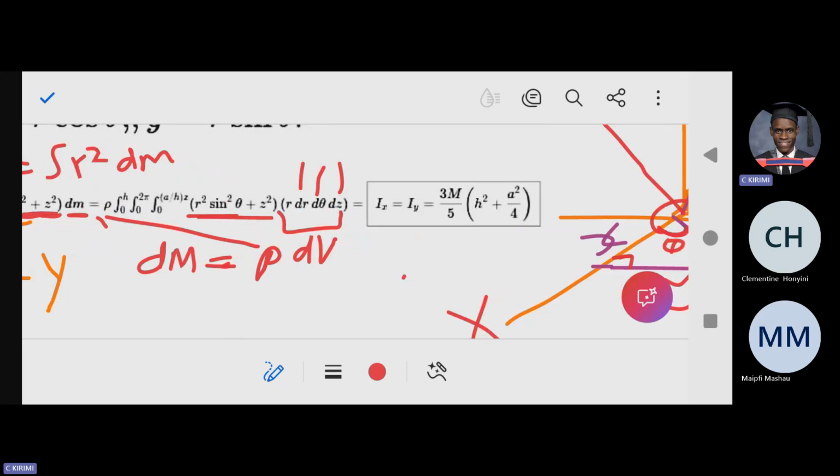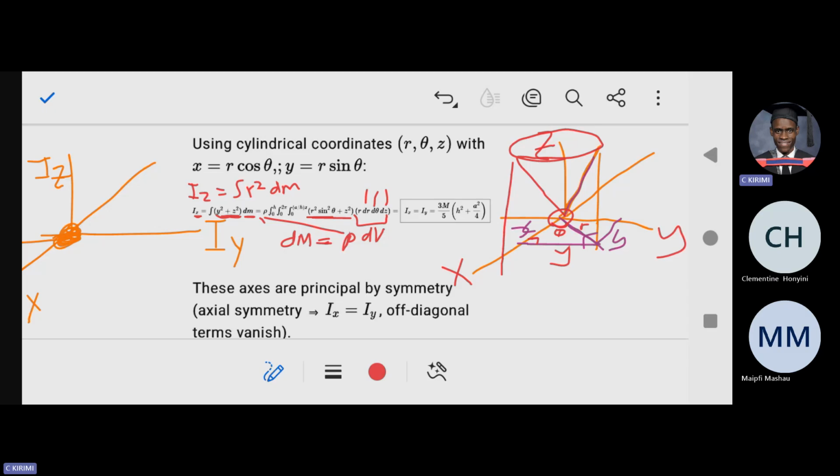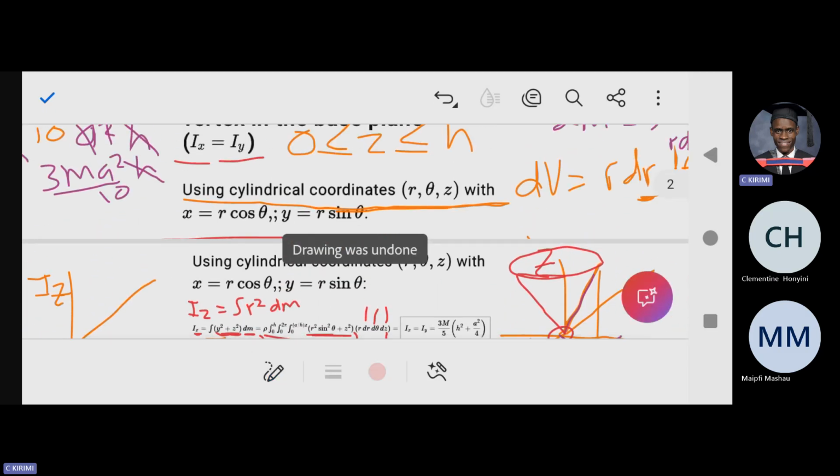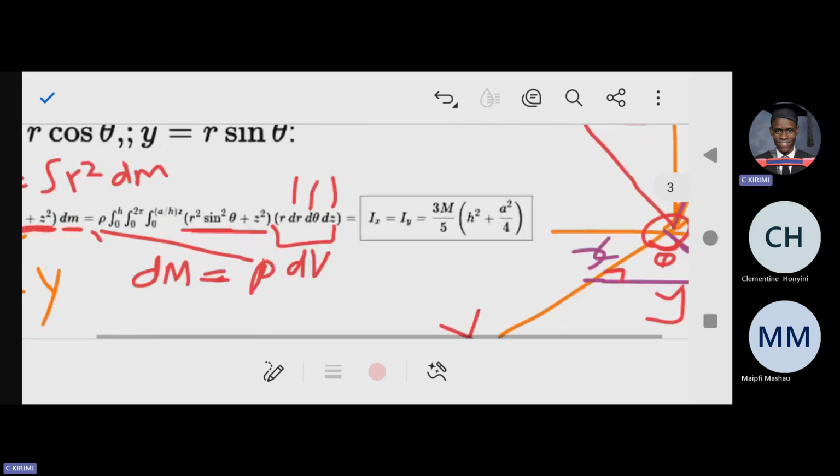Before we remove the a and the h, remember, we said the answer here was in terms of rho, the first one that we got. We are having a rho here. Can you see that rho which we're having here at first?